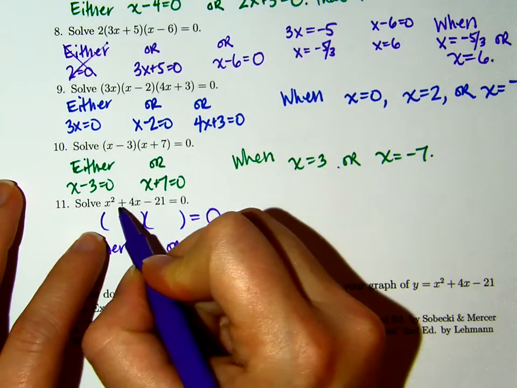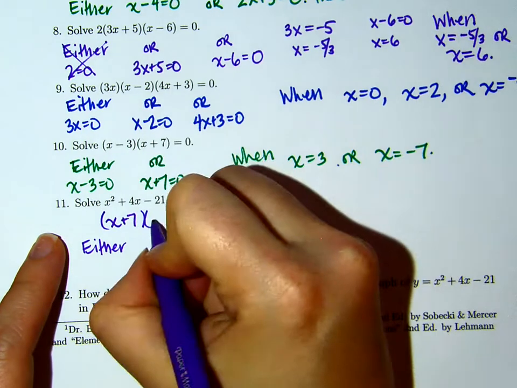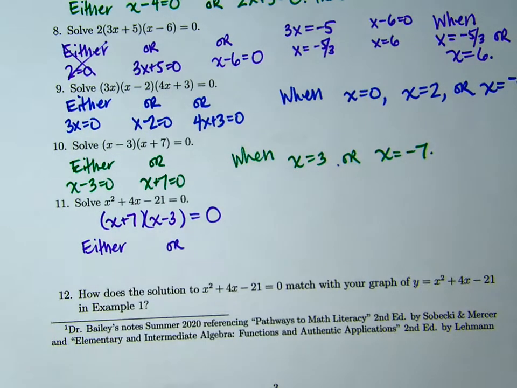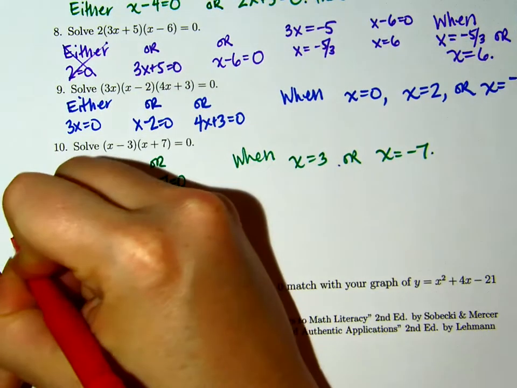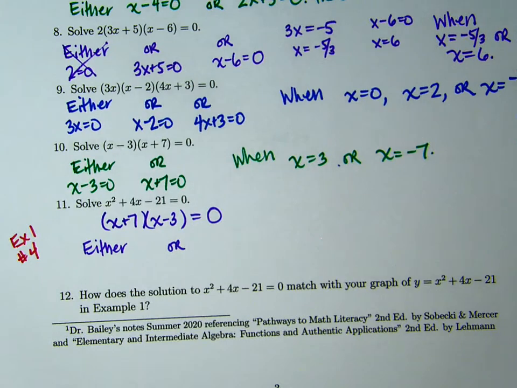That was example 1, number 4. Let's write that down just in case you're like, what? So example 1, number 4. We actually verified this.